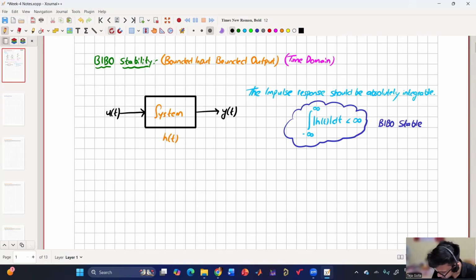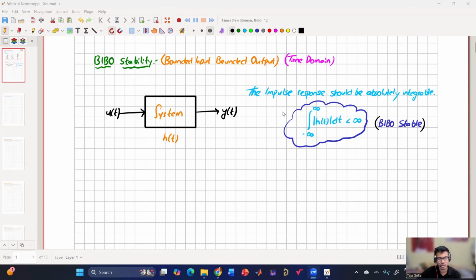So this is in the time domain, where we give a bounded input and then check whether the output is bounded or not. If the input is bounded, the output should be bounded if the system is stable, else it will keep on growing and the output is unbounded, so we can say the system is not BIBO stable. So is this concept also clear?